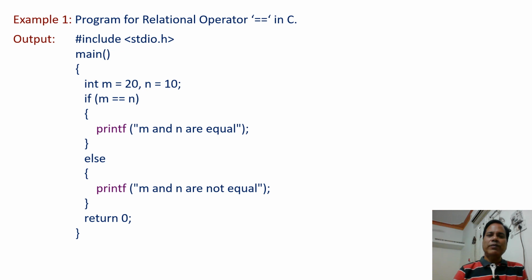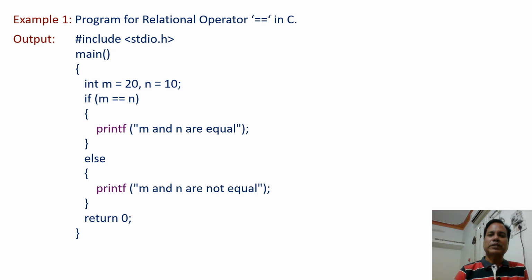Now, if m double equal n, this is the condition whether the value of m equals the value of n. If these two are the same, then the condition is true. Naturally, at this point m equals 20 and n equals 10, so this is not true.